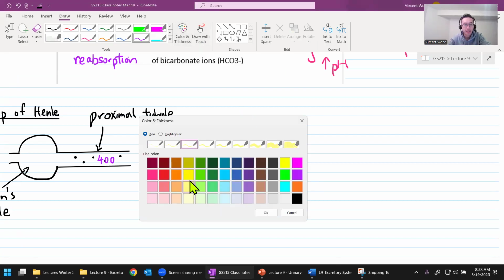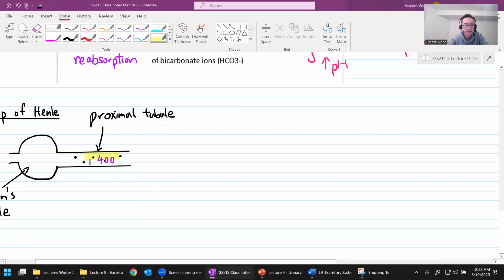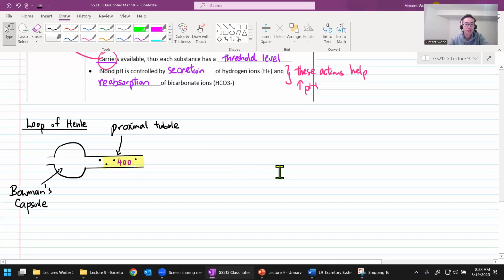And I'm gonna use a highlighter here. If you have it, follow along. If not, doesn't matter. So that's about 400. And this filtrate is going to go to the loop of Henle now. It's gonna make a turn.